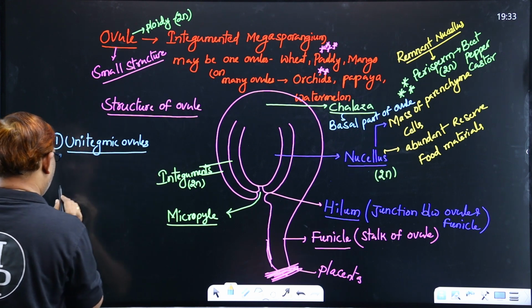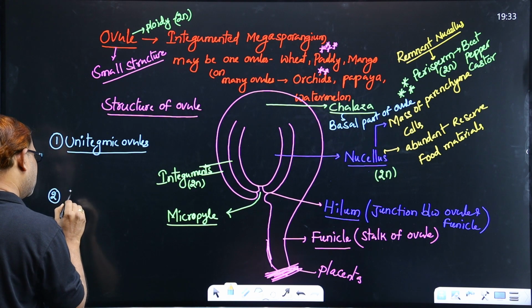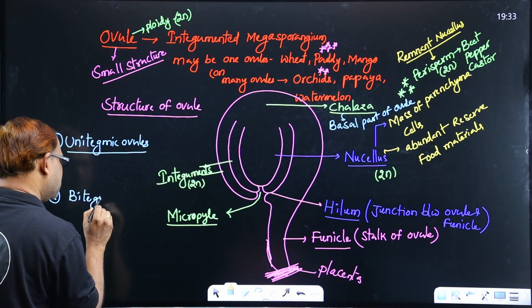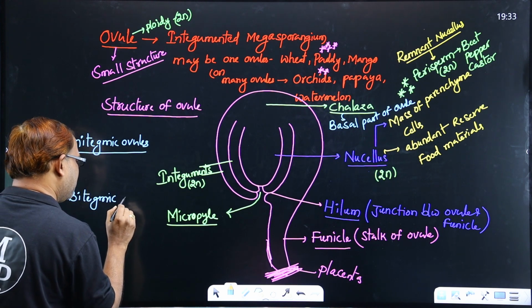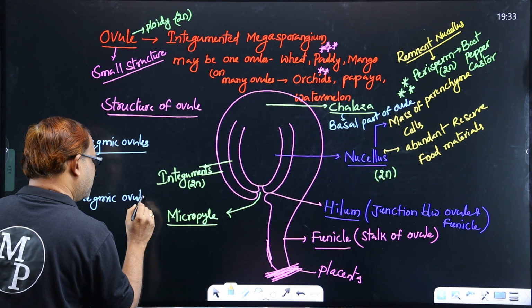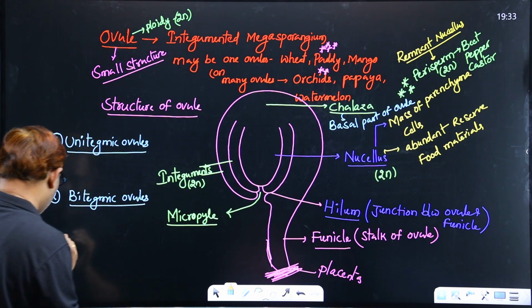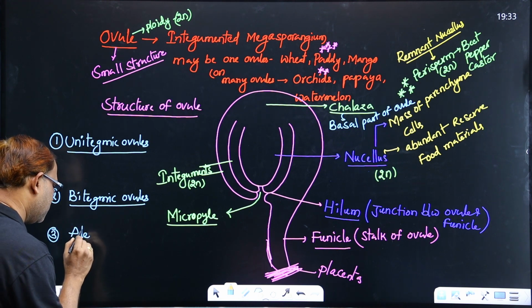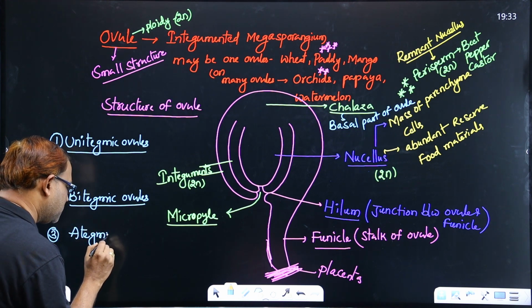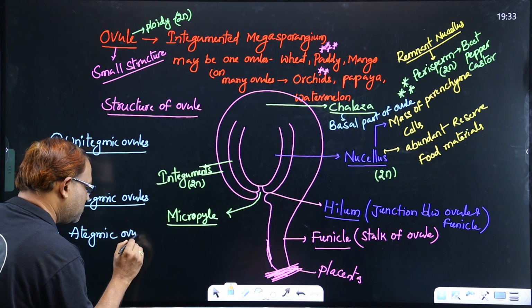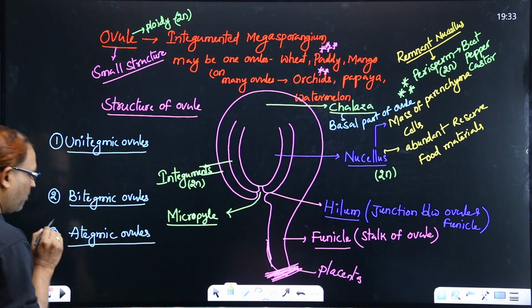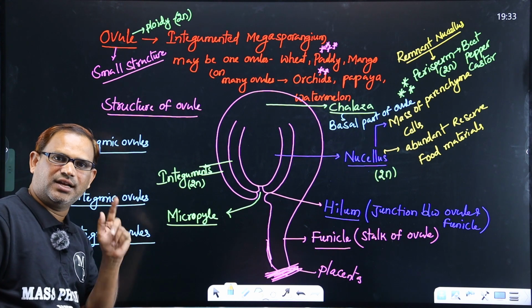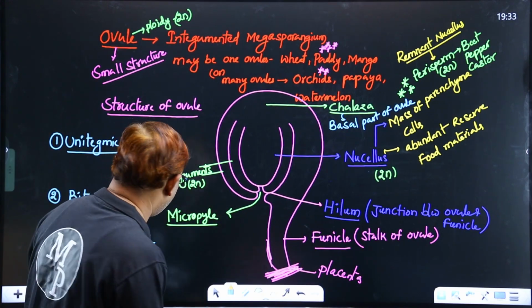Then the second type is bitegmic ovules. Then the third one is ategmic ovules. Very important. Unitegmic, bitegmic, ategmic. This is beyond NCERT information but important.